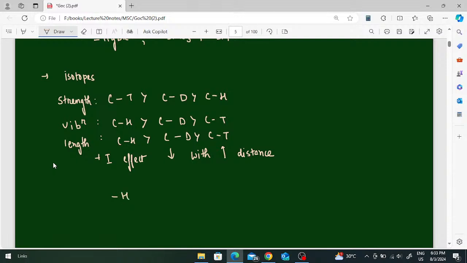So hydrogen will be less than deuterium and deuterium will be less than tritium in case of plus I effect.